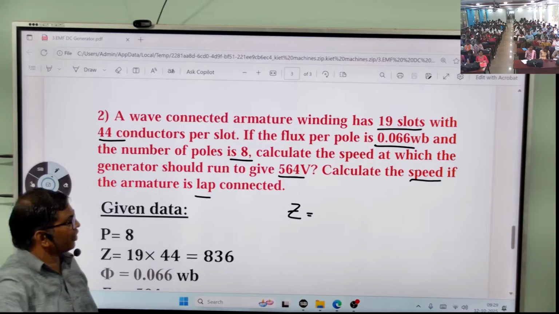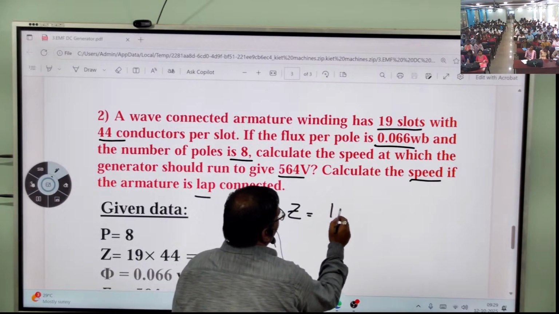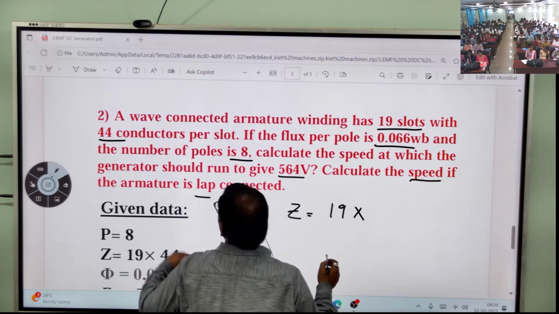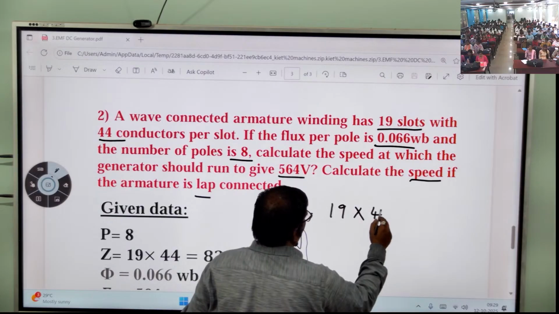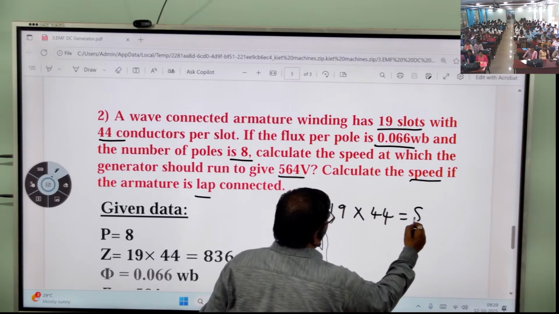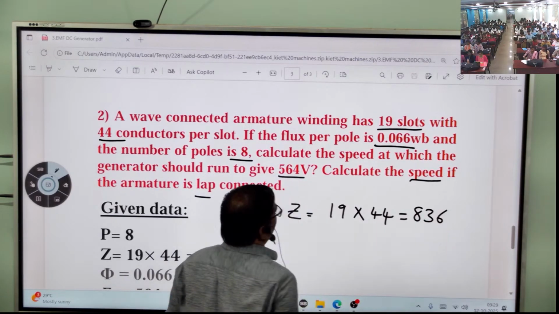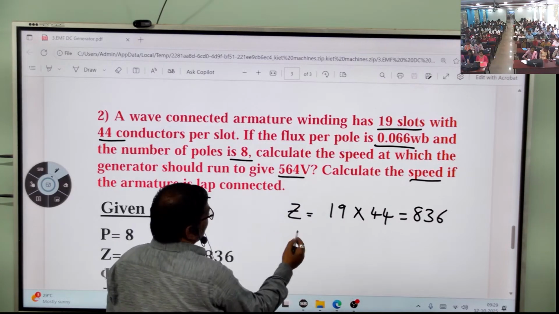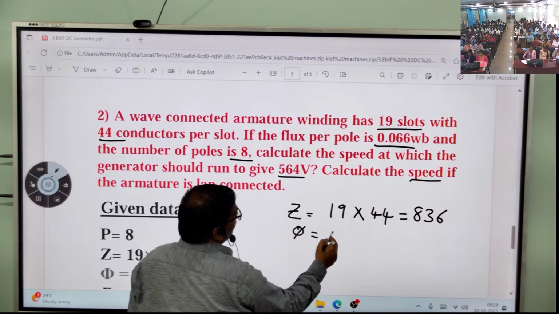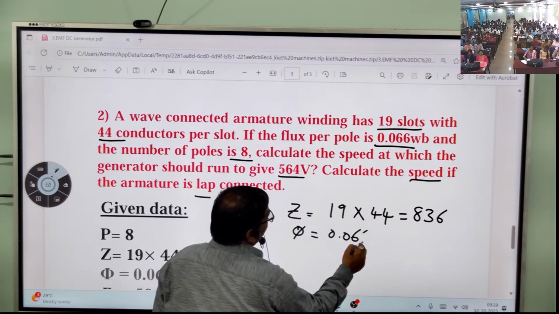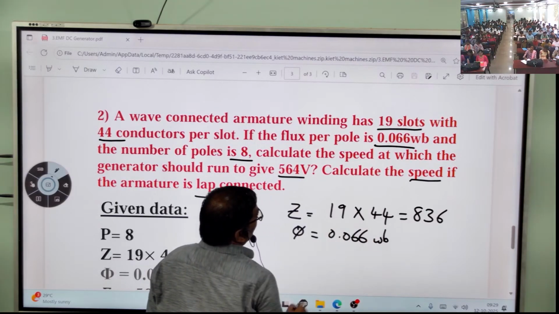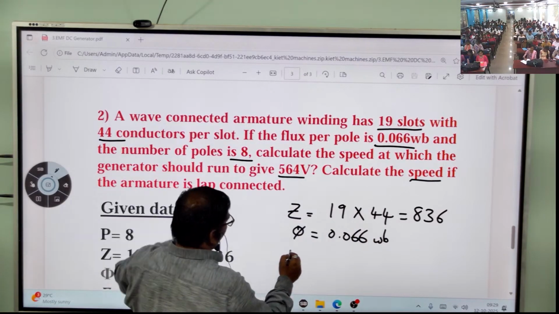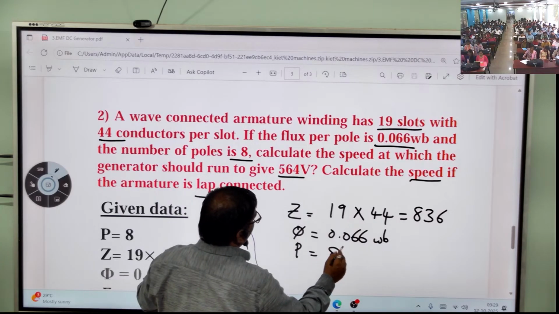Here there are 19 slots, and each slot has 44 conductors, so 836 conductors are available. Flux pi is given as 0.066 Webers, and the number of poles P is 8.